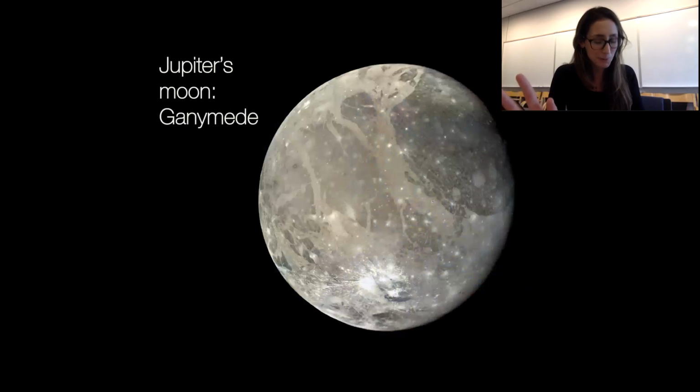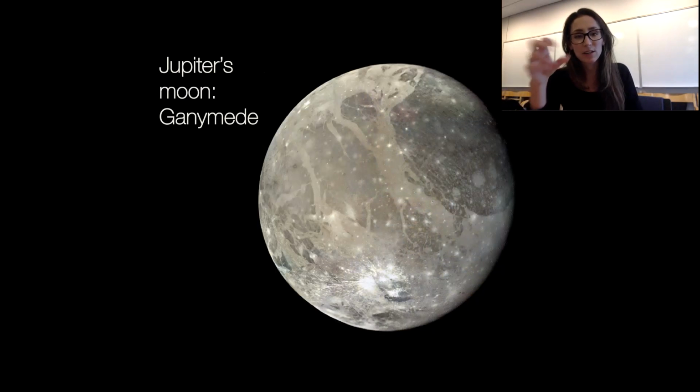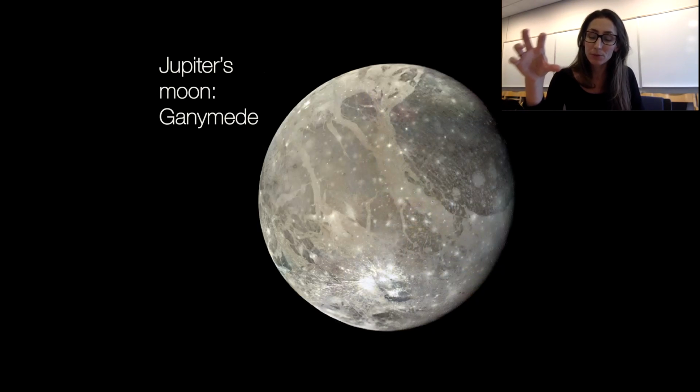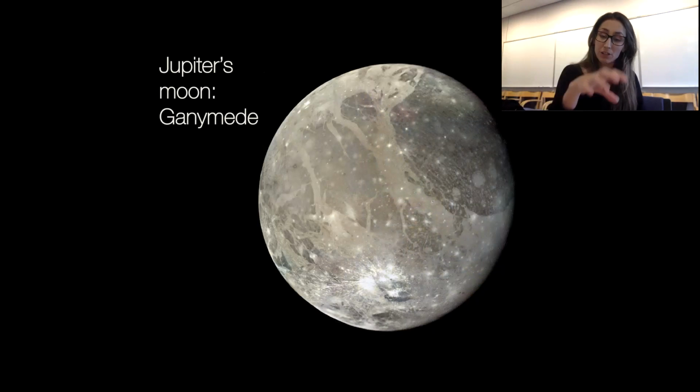Okay, so Ganymede, cool story. Basically, HST was imaging Jupiter and Ganymede at the same time. And they started looking at the aurora really carefully. They were watching the aurora shift as Jupiter's magnetic field moved, and they figured out that in order for an aurora to shift like that, it couldn't have just been on a solid planet.